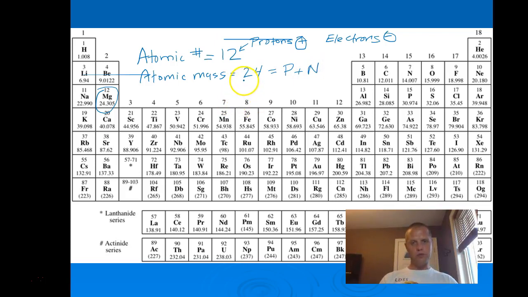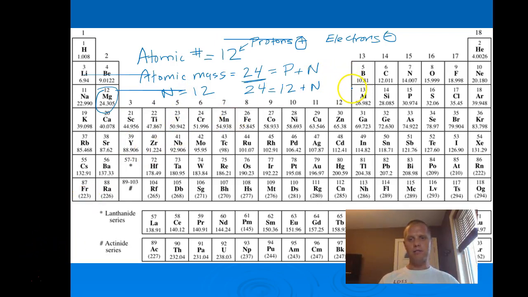So if I have 24 and I have 12 protons, I'm going to say 24 = 12 + n. To find the number of neutrons, you just have to solve for n. In other words, n equals 12. All you have to do is take the atomic mass number and subtract the atomic number, and it tells you the number of neutrons. So again, magnesium would have 12 protons, 12 electrons, and 12 neutrons.